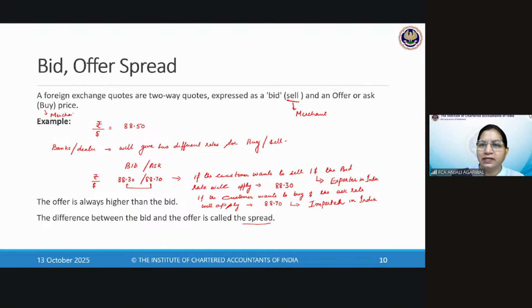The dealer is buying and the merchant is selling, whereas in the ask rate, offer or ask rate, the dealer is selling and the merchant is buying. Right? Is the confusion clear? I hope, Prithviraj, now it is clear to you.